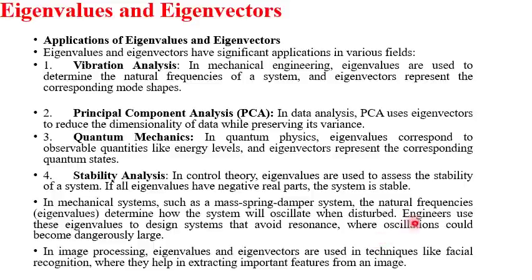So, you see, engineers use these eigenvalues to design systems that avoid resonance, where oscillation could become dangerously large. In image processing, it is also very helpful in extracting important features from an image. Take, for example, facial recognition.